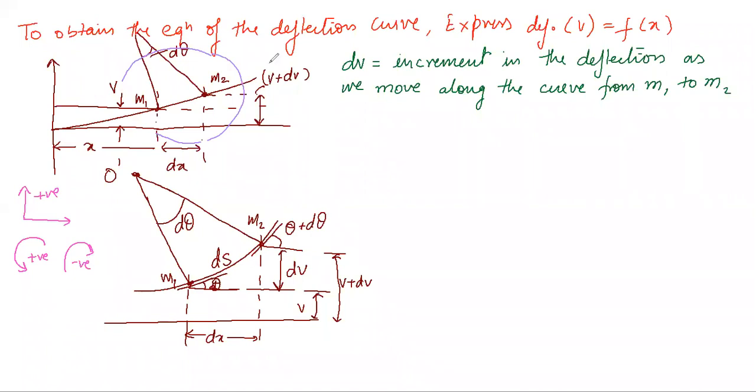So when a beam is bent, there is not only a deflection at each point along the axis, but also a rotation. So delta theta is defined as a rotation.